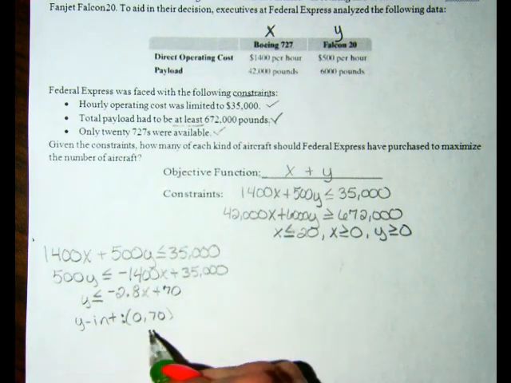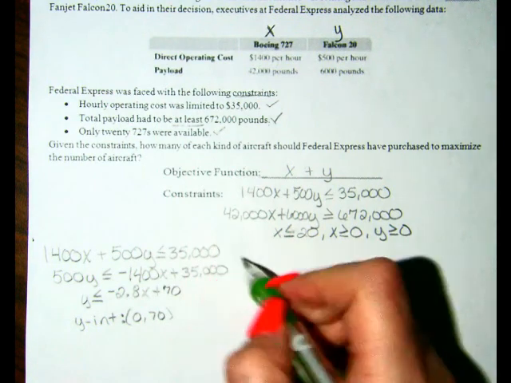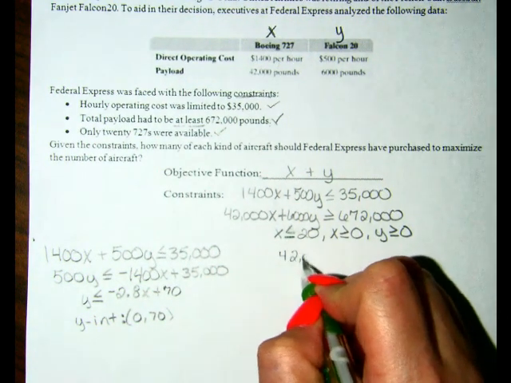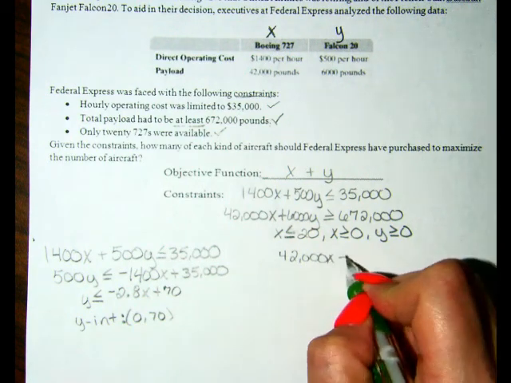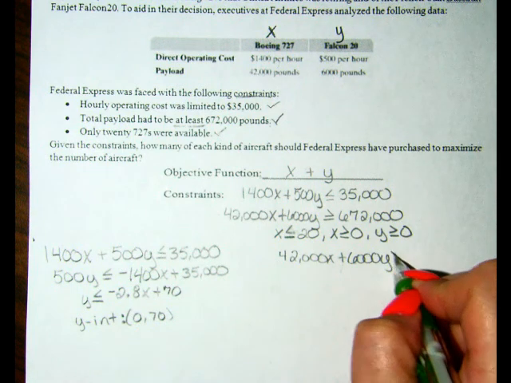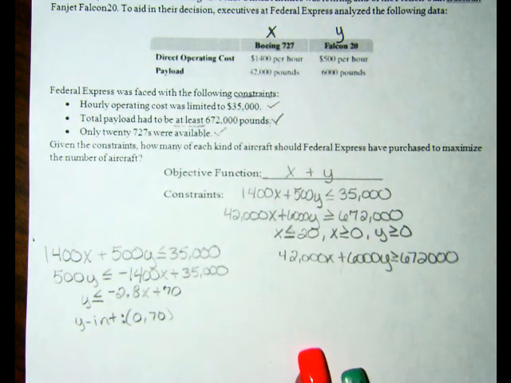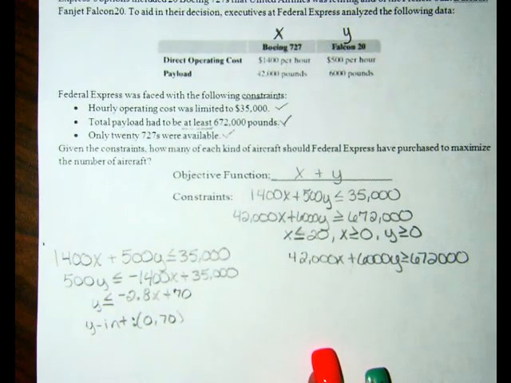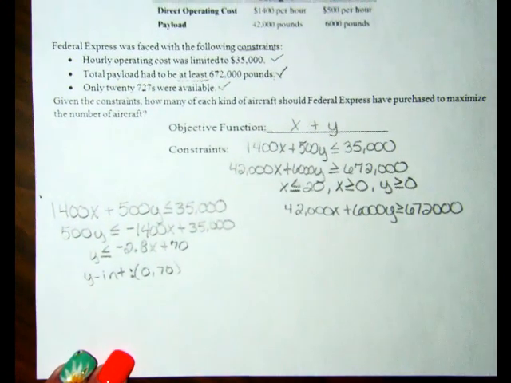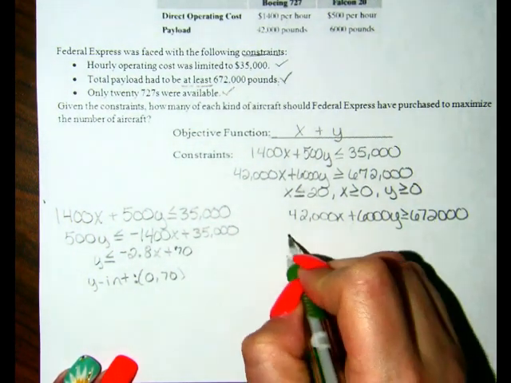Now I'm going to leave that here and I'm going to start working on my second equation. 42,000x plus 6,000y greater than or equal to 672,000. Okay. Again, subtract your x over.